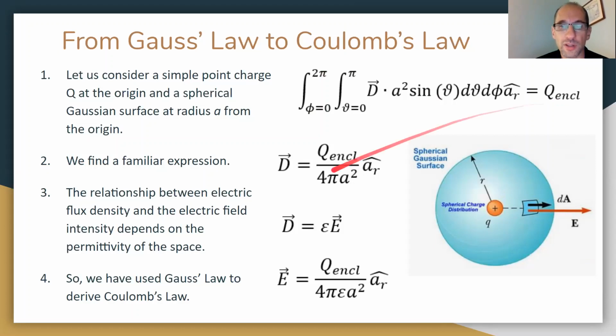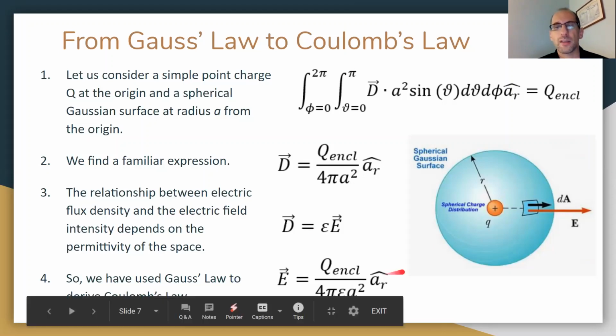It's a fairly straightforward integral given the symmetry of the problem. We find that the D field, the electric flux density, is Q enclosed over 4 pi a squared. Very familiar, because this is the electric field times epsilon, the permittivity of the space. And so when we simply divide by the permittivity of space, we get the E field, and this is Coulomb's law.